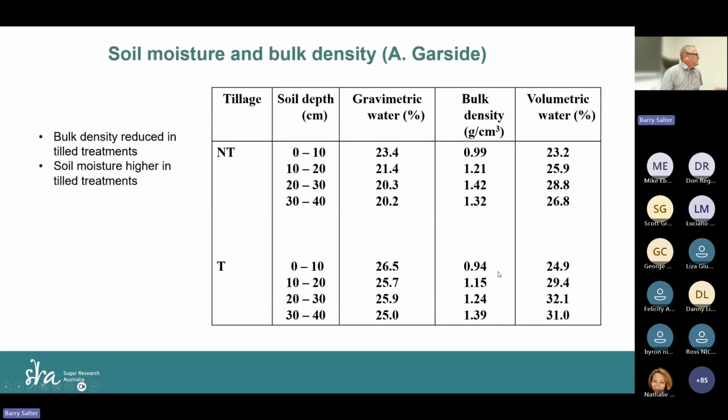You can also see in things like gravimetric water content and volumetric water content that you've got higher moisture holding capacity, and in this case, when it was measured, higher moisture within those soils on the tilled beds because of that alleviation of that compaction problem. So once you've got rid of the compaction, lower bulk density, ability to hold more water.